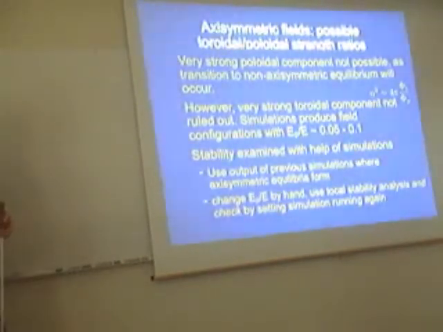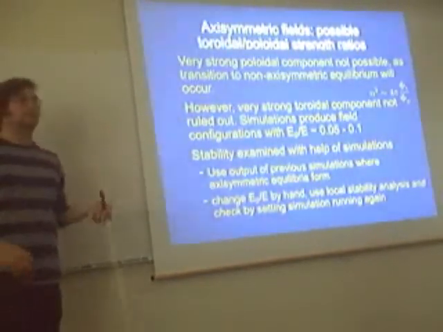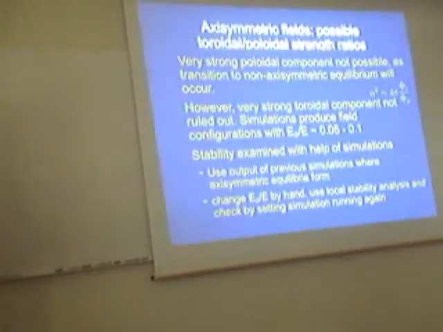So what you'll see is simply a transition to a non-axisymmetric equilibrium if this poloidal component is stronger by some factor of order unity. But the converse cannot be said, because this angle alpha cannot go above pi, obviously.